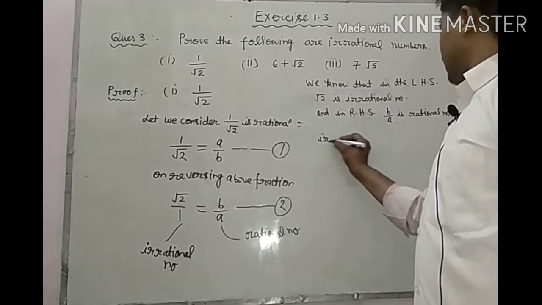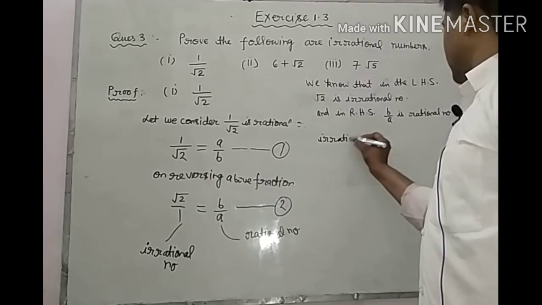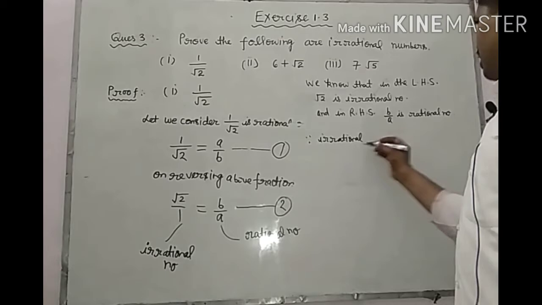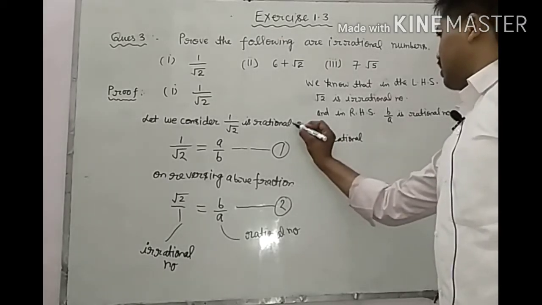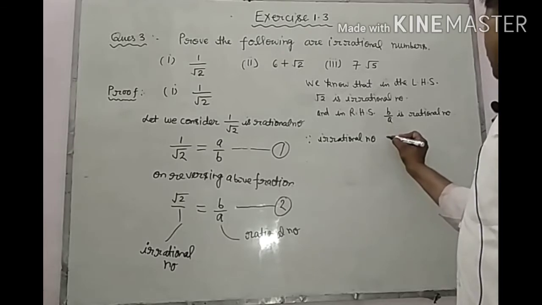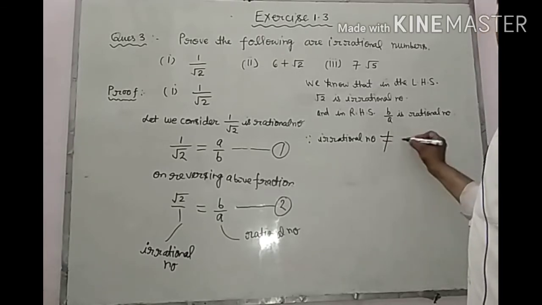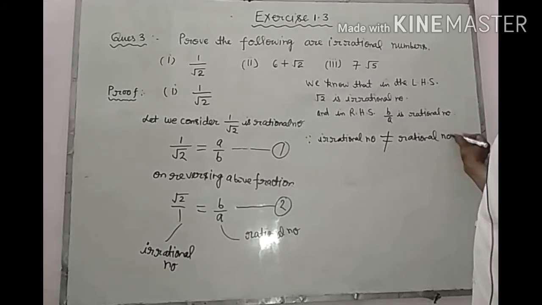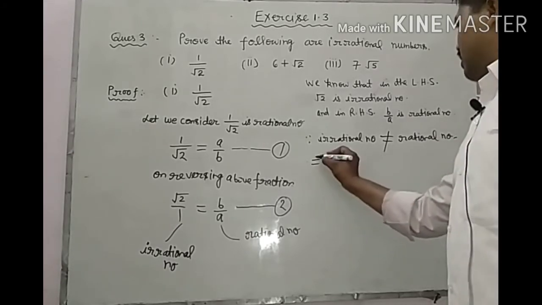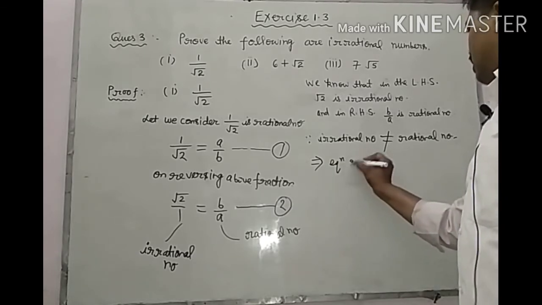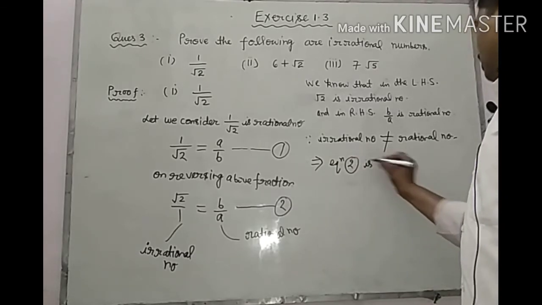Since an irrational number cannot be equal to a rational number, it implies that equation 2 is wrong.